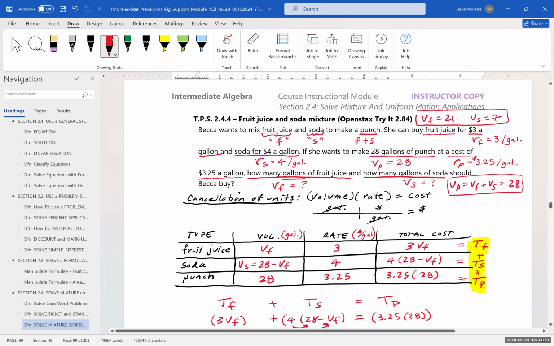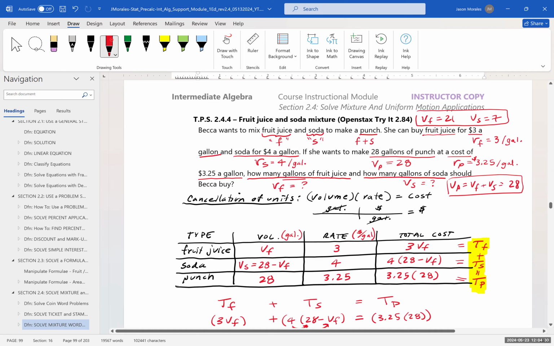So let's read it. Becca wants to mix fruit juice and soda to make a punch. She can buy fruit juice for $3 a gallon and soda for $4 a gallon. If she wants to make 28 gallons of punch at a cost of $3.25 a gallon, how many gallons of fruit juice and how many gallons of soda should Becca buy?